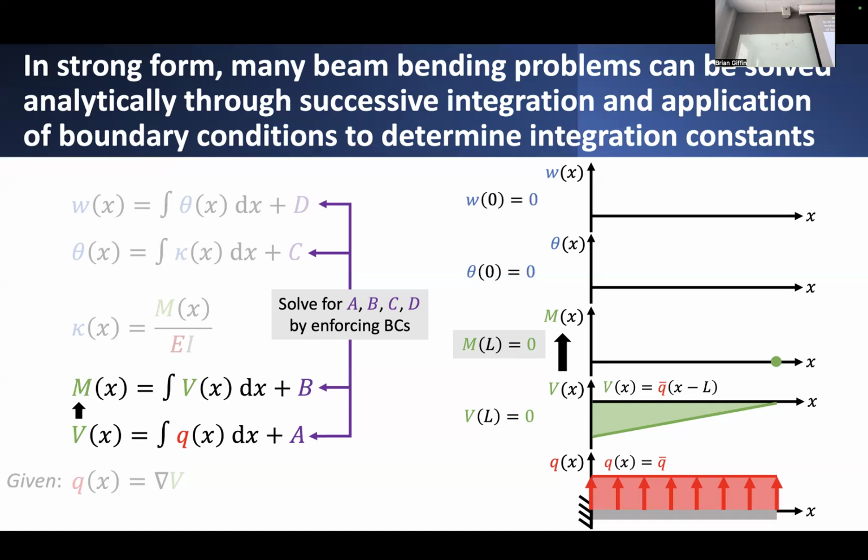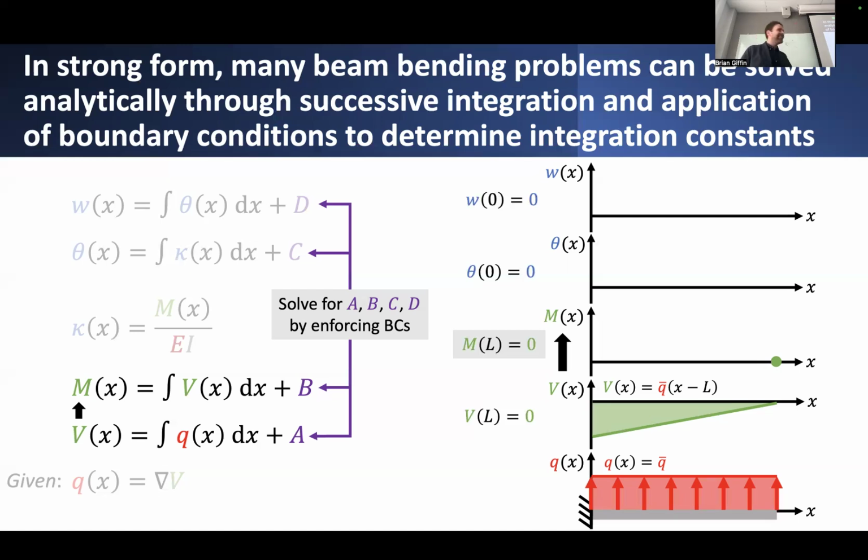It allows me to figure out exactly how this linear function should vary, such that I can set what this constant of integration A is. So knowing that the shear force has to be equal to 0 at the right end allows me to figure out that constant, and I can just plug it into the expression and continue in the same fashion. Integrate the shear force with respect to x.